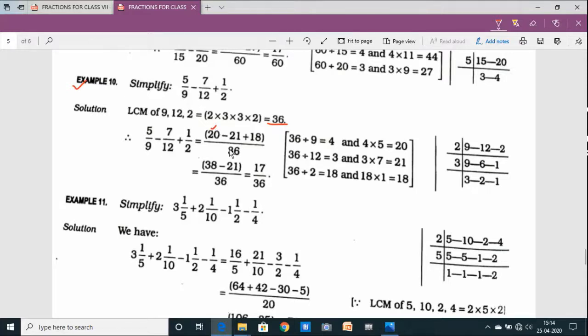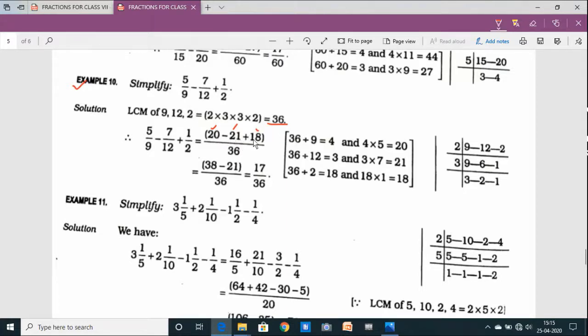Once again, 36 will be divided by 12 and we obtain 3 as the quotient, and the quotient will be multiplied by 7. 3 sevens are 21, and the sign will be the same as what the fractions have given. Then 36 will be divided by 2, we obtain 18, and 18 will be multiplied by 1, here 18. 20 and 18 are both positive integers, so they will be added, and 21 will be subtracted.